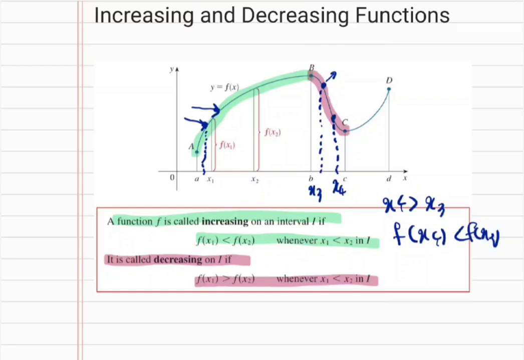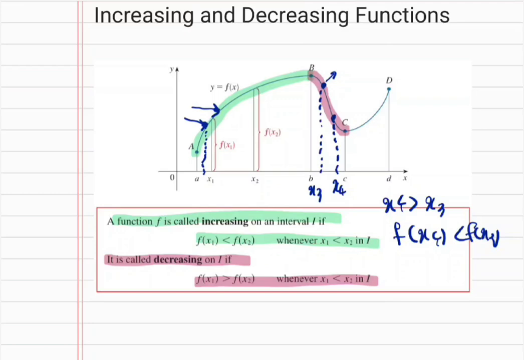So that's the situation you should remember. As you can see, it's a very simple concept. All you have to remember is that these conditions will hold only if this is true for all the x values.